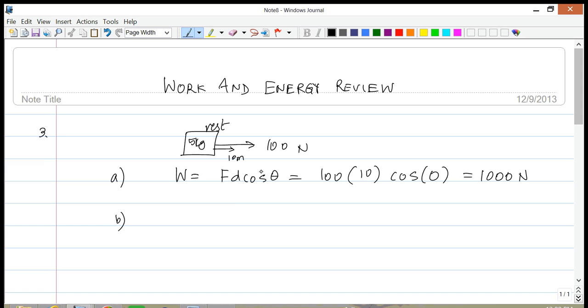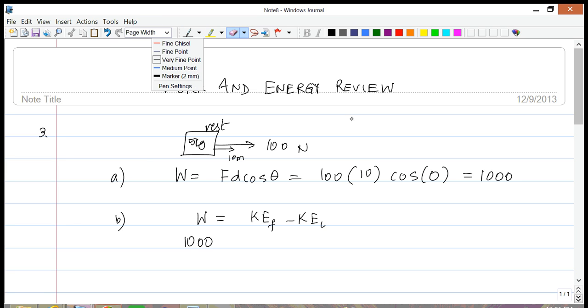Great. Now part B, determine the speed of the mass after it moves 10 meters. To find the speed, we're going to use the work kinetic energy theorem, and what we have is 1000 joules. I made a mistake, it should be 1000 joules.